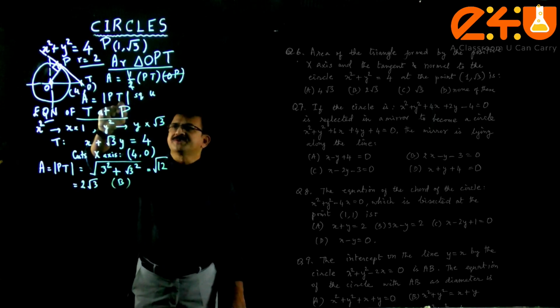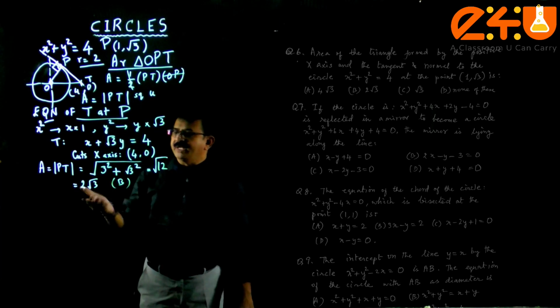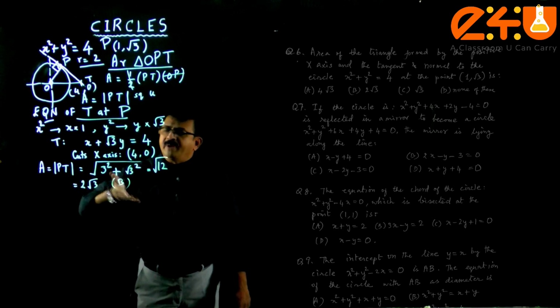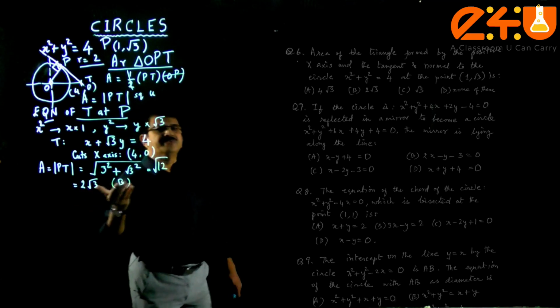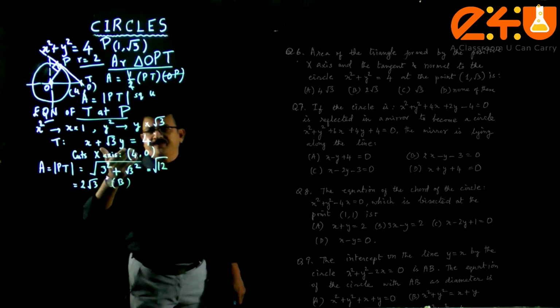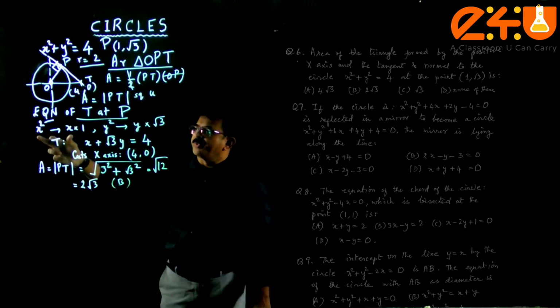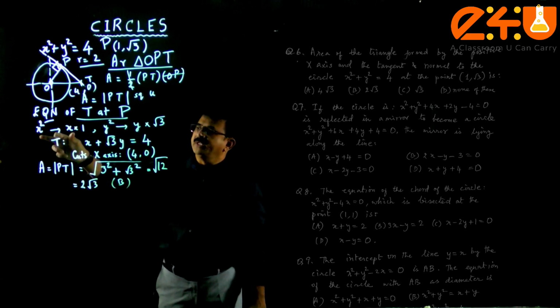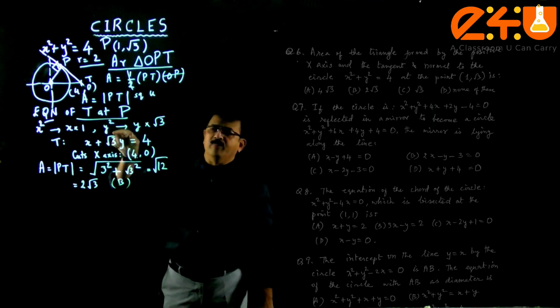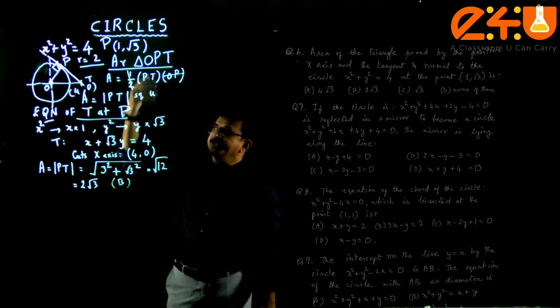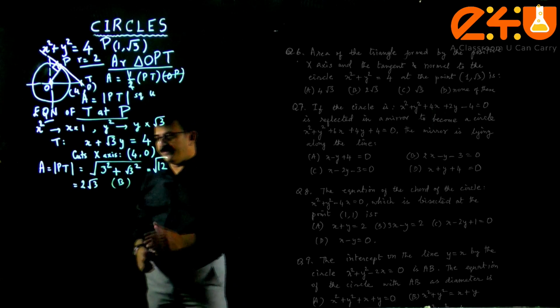What is left out is mod PT, the length. That's what we have discovered here. But you are able to get this only after discovering the equation of tangent. So tangent requires a simple execution of the procedure: x squared replaced with xx1, y squared replaced with yy1, in this case, because there are no other x or y terms.